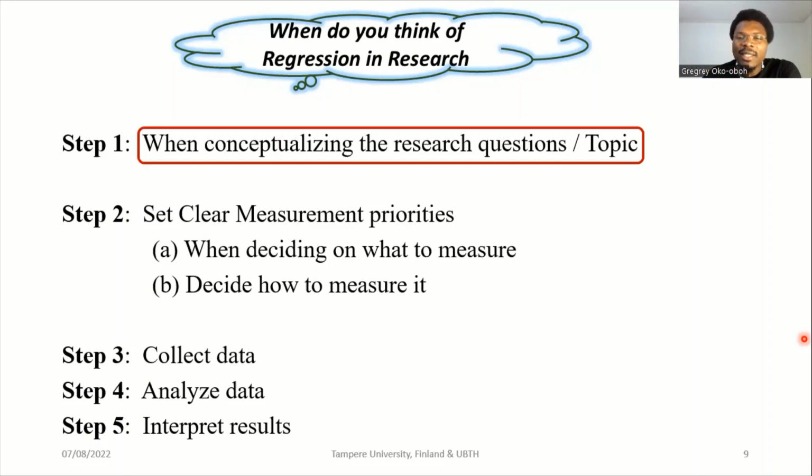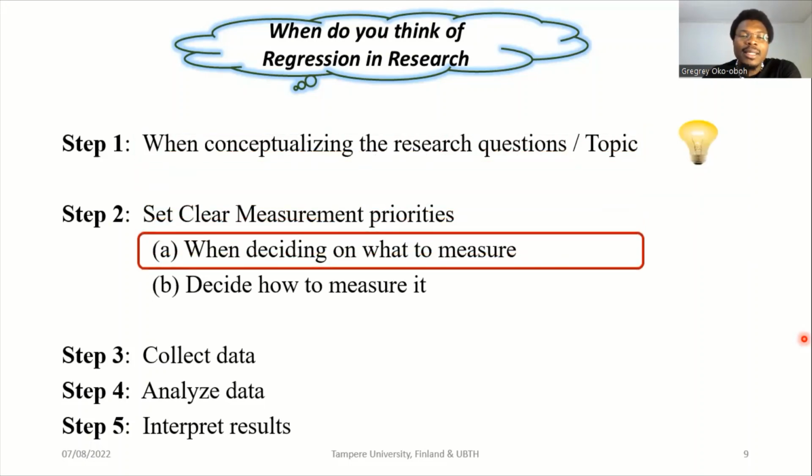When we conceptualize the research question or topic, we need to think of regression model. This is important because at that point, it will help us to identify the outcome or dependent variable, the independent variable, and any other variable that we may need to put into consideration in the research process. So regression modeling comes in at that very point and helps to tie up the analysis process.